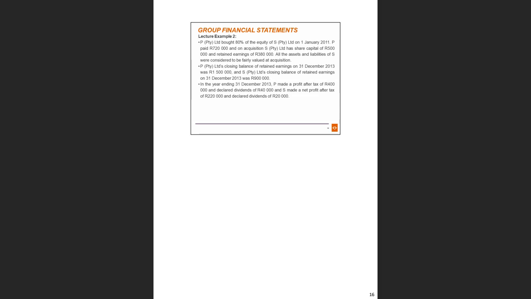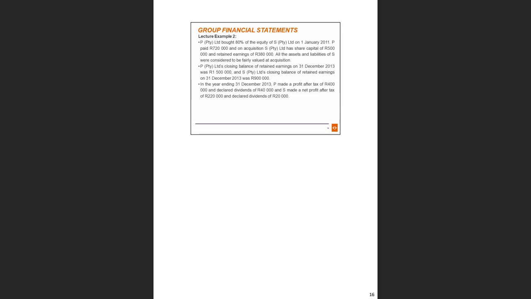So P paid 720,000 Rand, and on acquisition, S has share capital of 500,000 Rand and retained earnings of 380,000 Rand. So this is on acquisition. Do you agree that this 380,000 Rand that S had on acquisition date, does this represent pre-acquisition or post-acquisition profits?